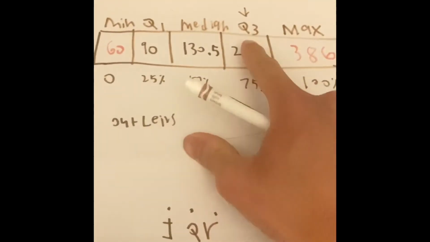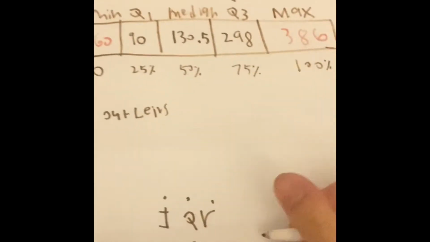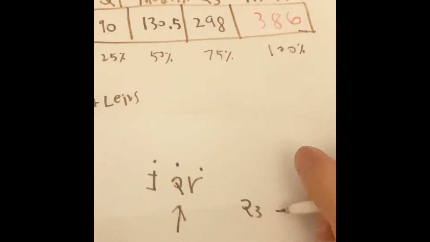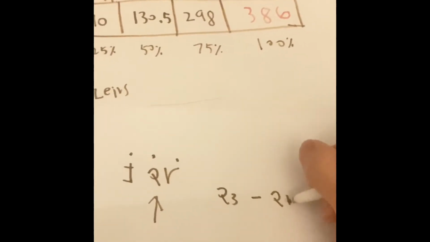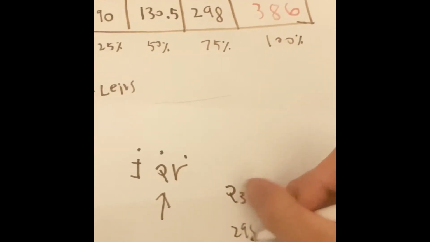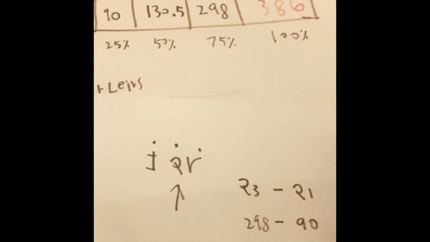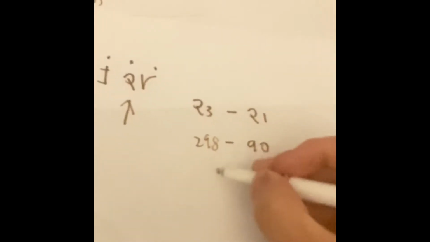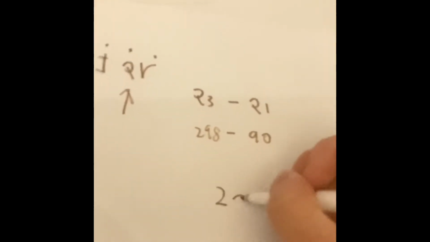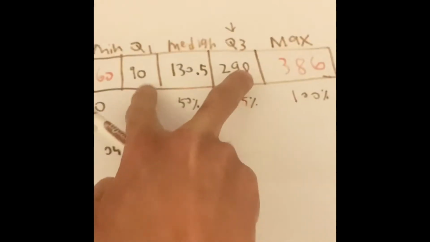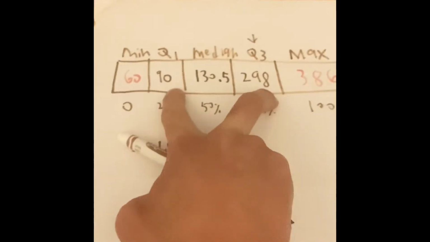We have the third quartile, Q3, and we subtract Q1 from it. So 298 minus 90. When we do that, we get an answer of 208. That's the interquartile range, the numerical distance between the two.